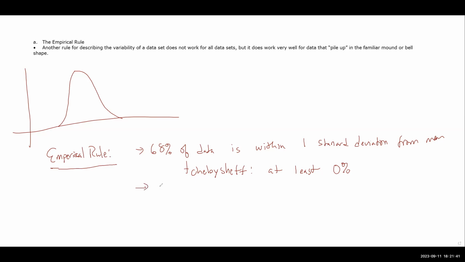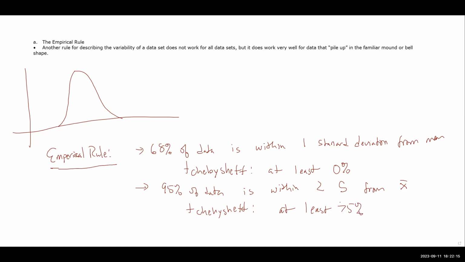The empirical rule says 95% of data is within 2 standard deviations from the mean, while Chebyshev said at least 75%.